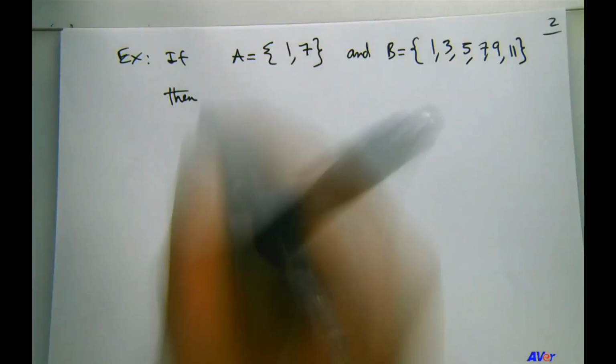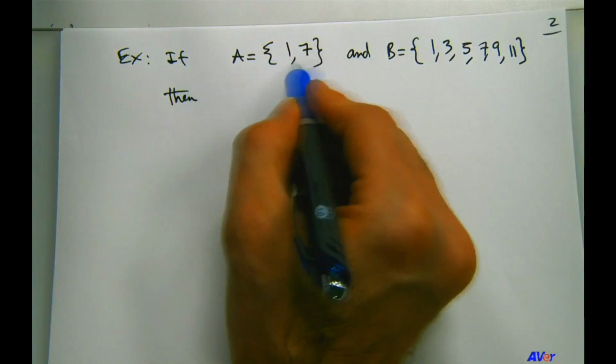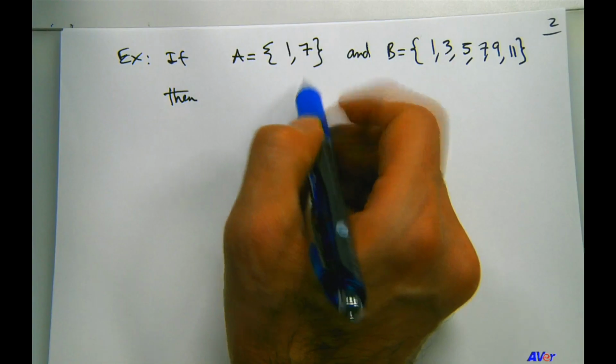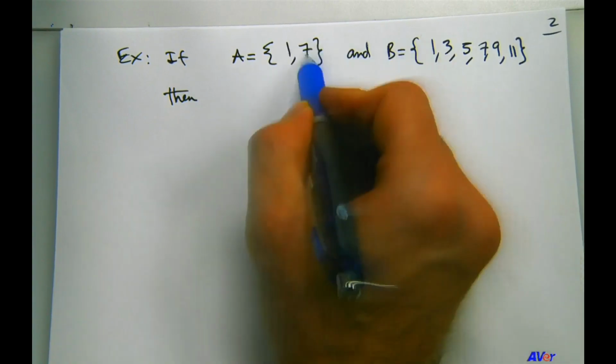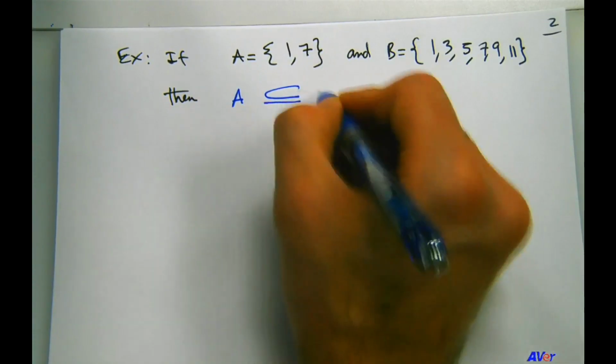Then what do you think? Is A a subset of B? It is, isn't it? Because 1 is here and 7 is also here. So A is a subset of B.